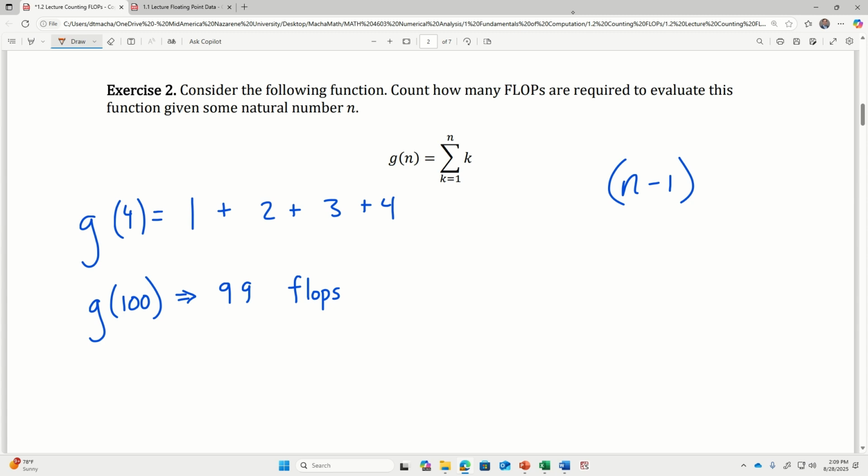Now there's another moral lesson here that I'm going to preach at you for a second, which is imagine this picture.